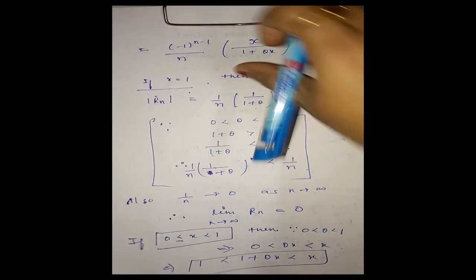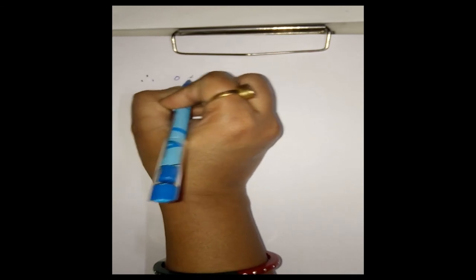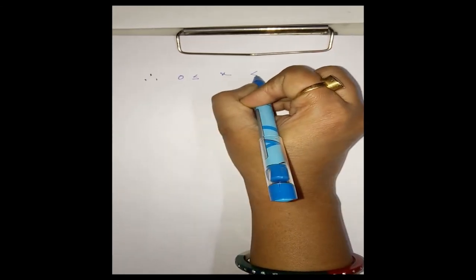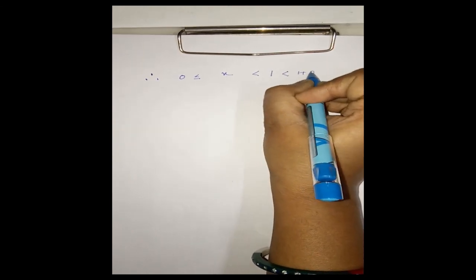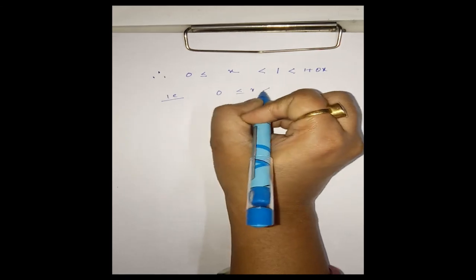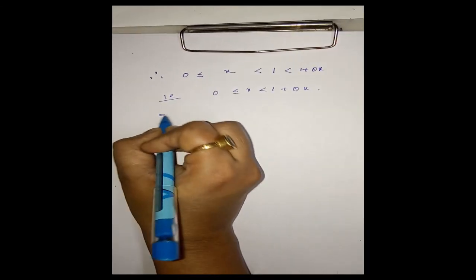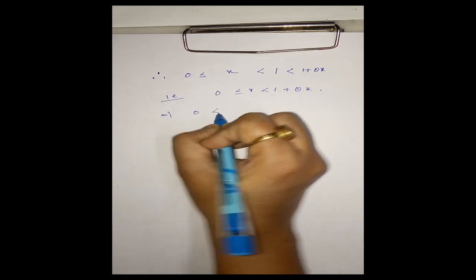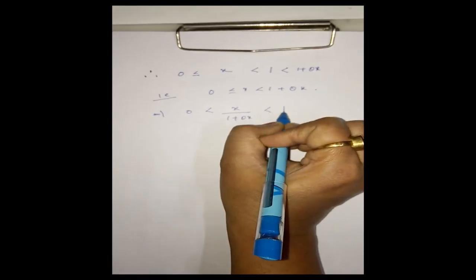Next we have this, therefore we have 0 less than or equal to x less than 1 less than 1 plus theta x, that is 0 less than x less than 1 plus theta x. Clear? Now this implies 0 is less than x by 1 plus theta x less than 1.